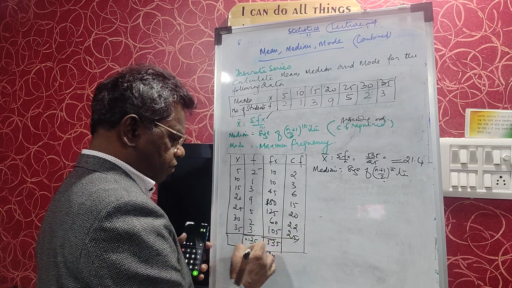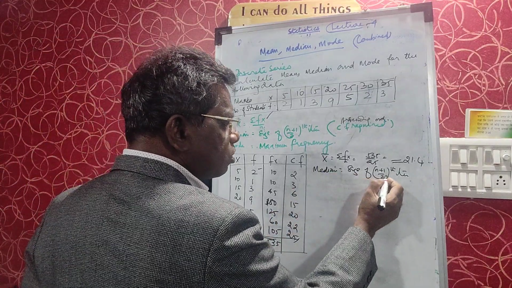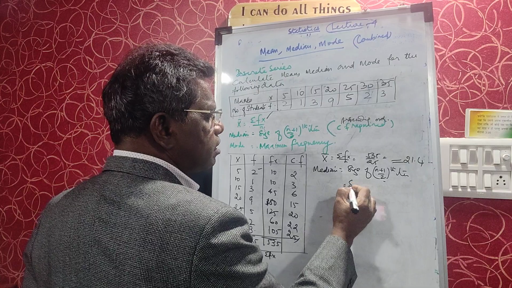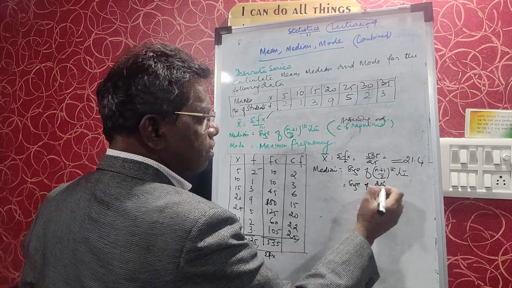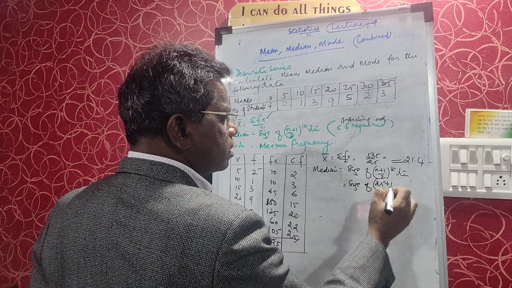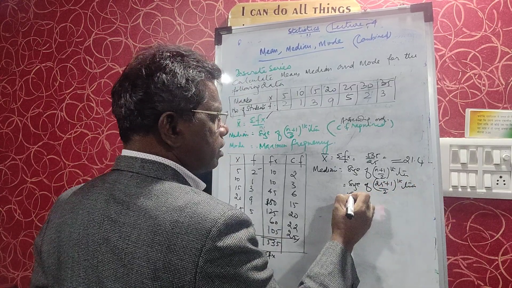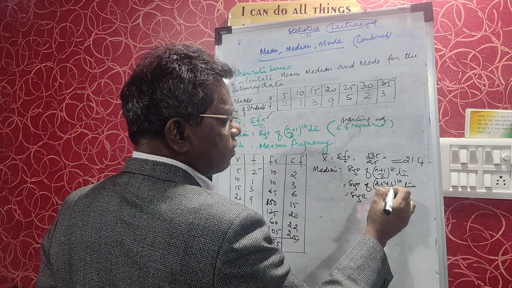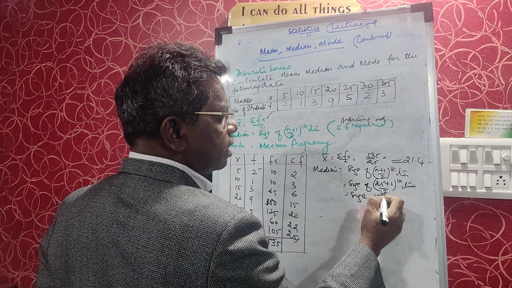See, 25 has come properly. So the size of (n plus 1) upon 2 th item, that is (25 plus 1) upon 2, 26 upon 2, 13th item.